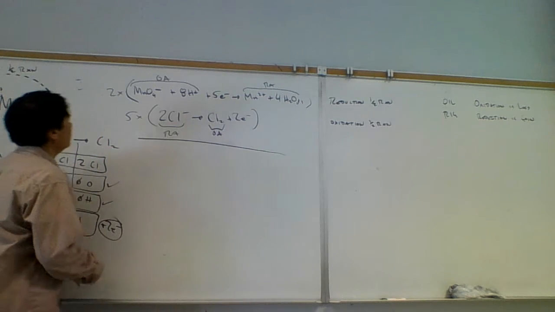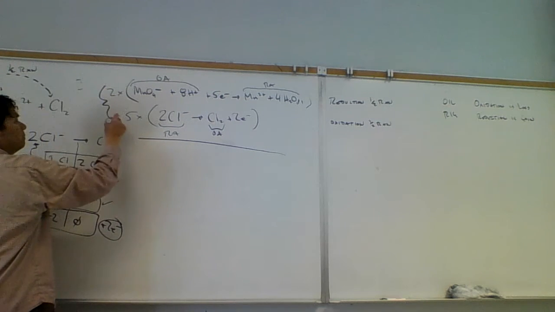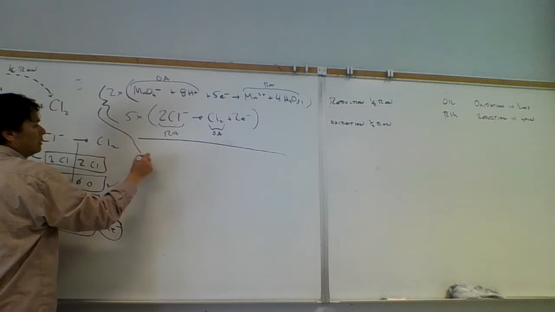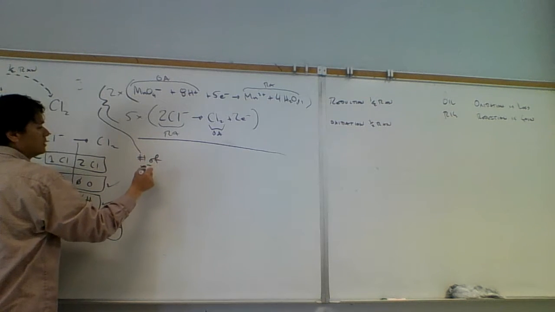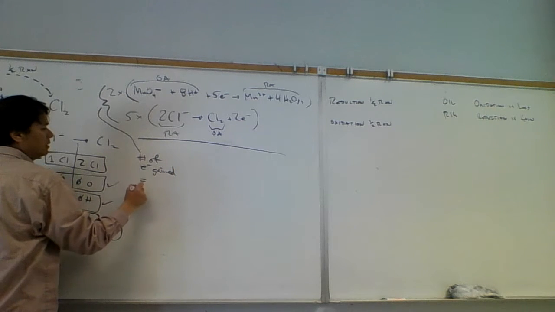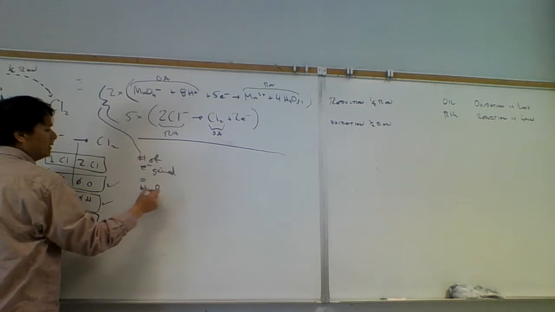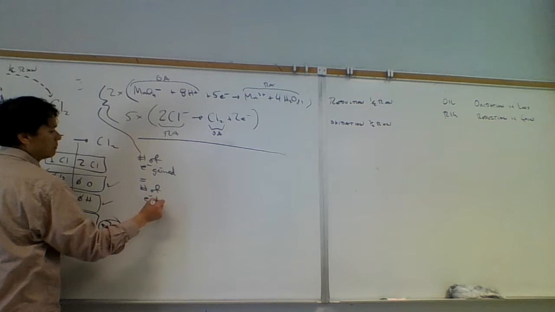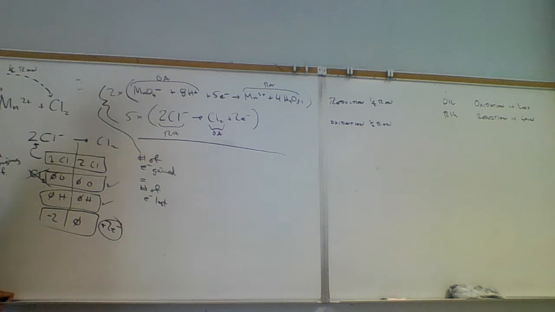And so the number of electrons gained must equal the number of electrons lost. In other words, electrons have to balance. If the electrons don't balance, then something's wrong.